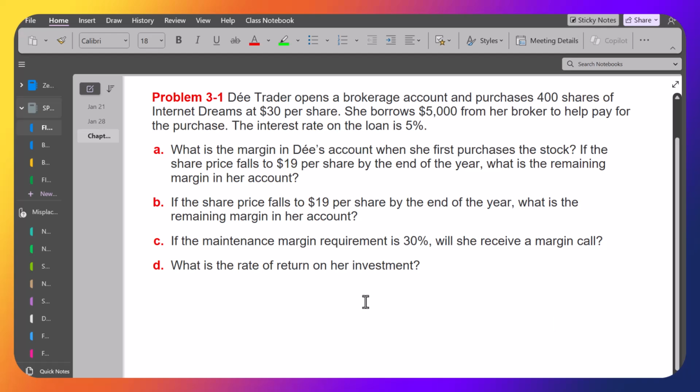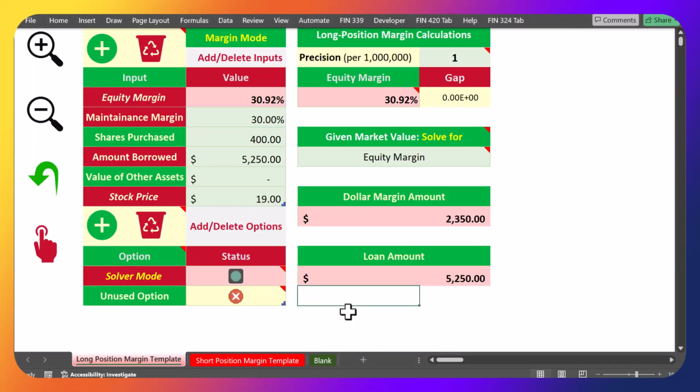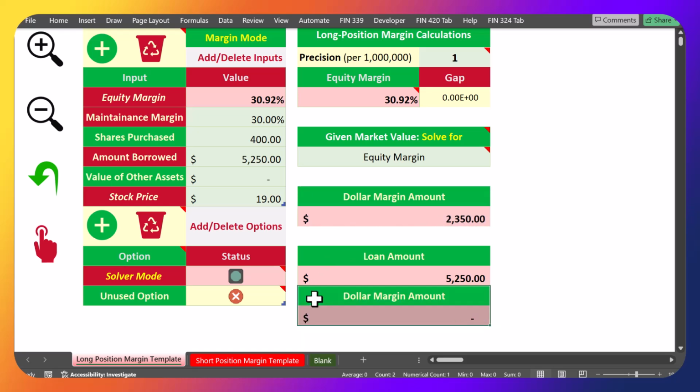What is the rate of return on her investment? Well, let's think of it this way. Let's do it this way.